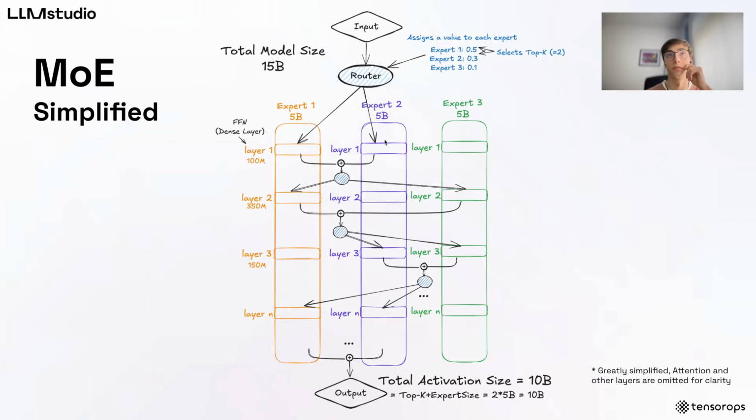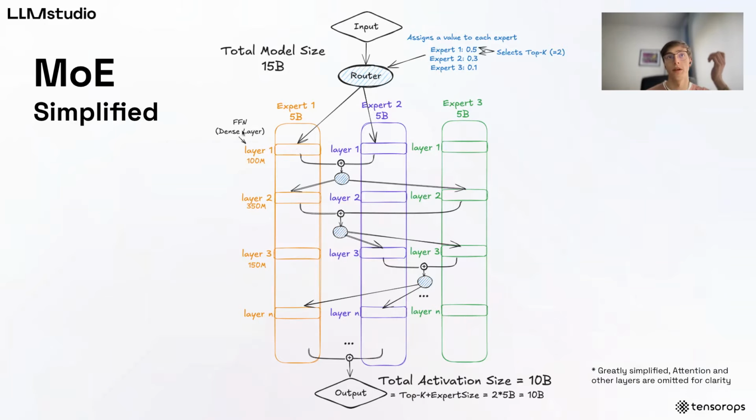Before we advance further, I do want to say that this is a model with 15 billion parameters that we're taking here for this example. And let's say we have 3 experts, each with 5 billion. So again, we send these inputs both to expert 1 and 2. Expert 1 has a layer, and it will do the computations.